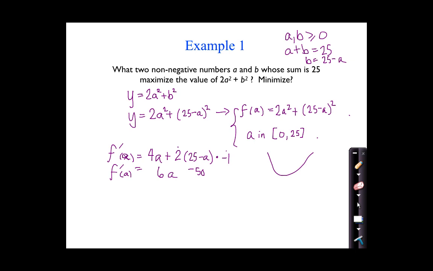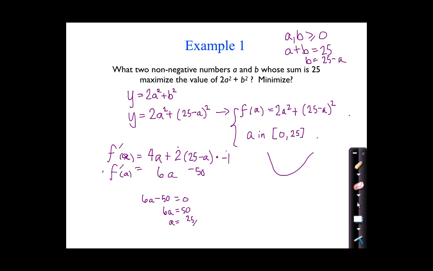So it's positive, negative, or 0 at all places. It's never undefined. Although it's not a whole number, I can see where it's going to equal 0 by just doing 50 divided by 6. 6a minus 50 would equal 0 at 50 over 6, which is 25 over 3.